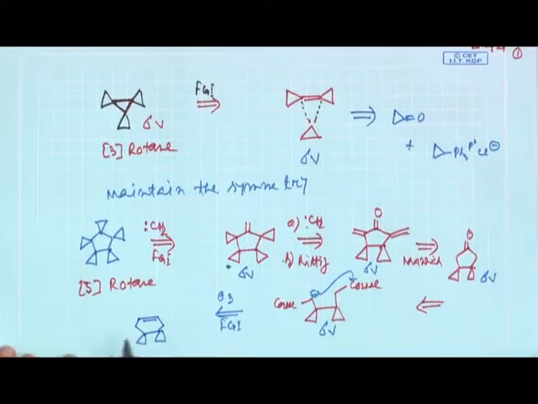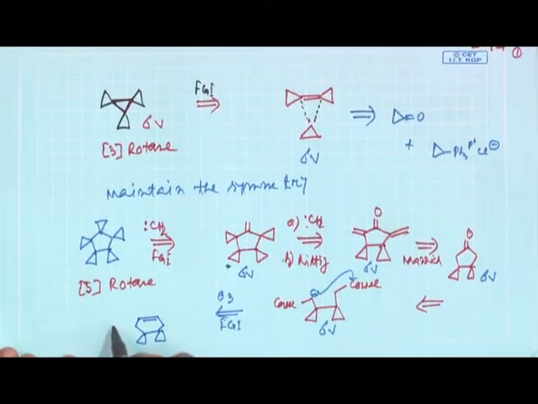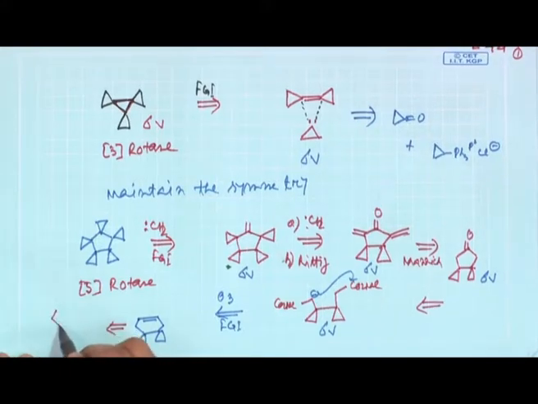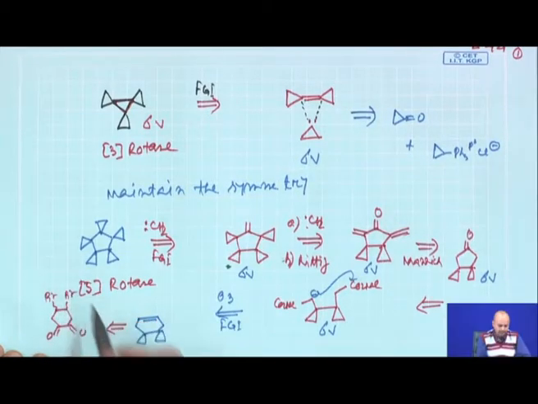Now, you can still do the disconnection, because you have to come back to simple molecules. You can come back to simple molecules, like probably a ketone like this, or you can put a dibromo species. It might be possible.